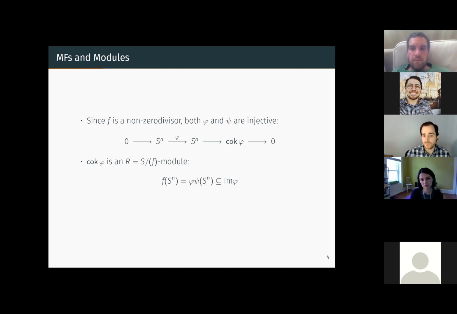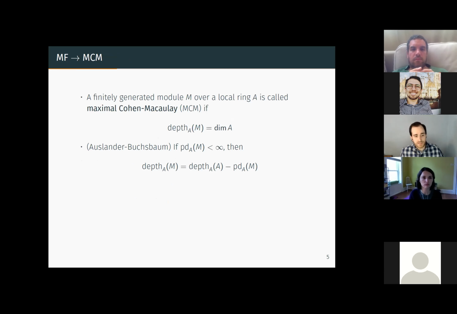In other words, the co-kernel of phi is an R module. And similarly for the co-kernel side, because both products are F times the identity. So we're getting R modules from these matrix factorizations. And actually, more specifically, they're a very special type of R module. They're what are called maximal Cohen-Macaulay modules. And I'll remind you of the definition of that on this next slide here.